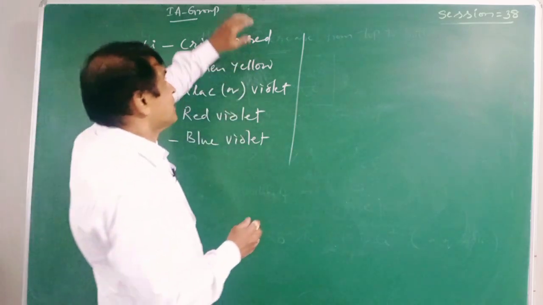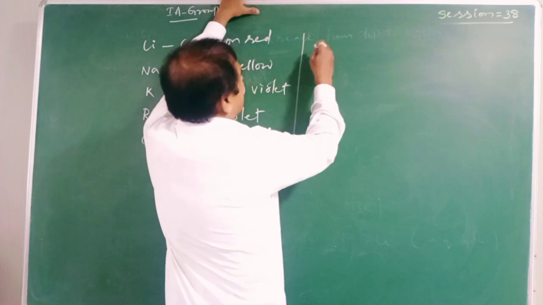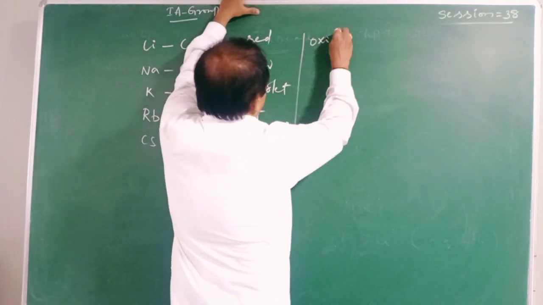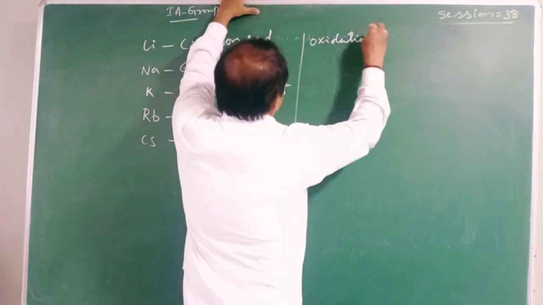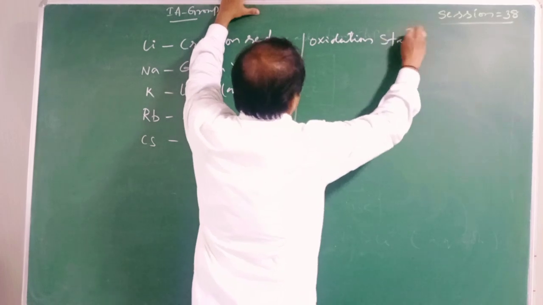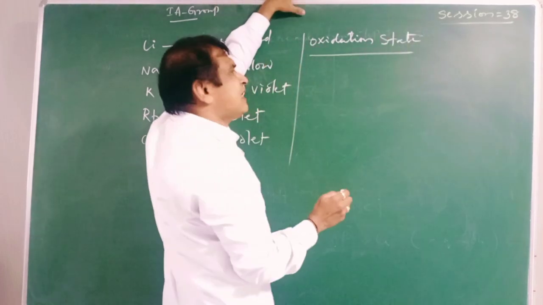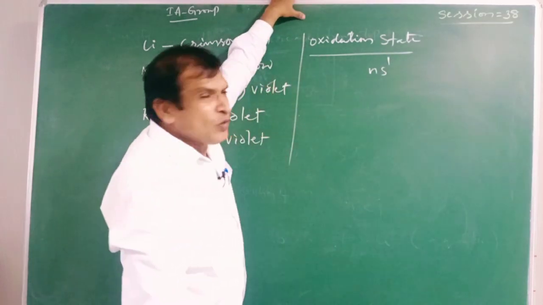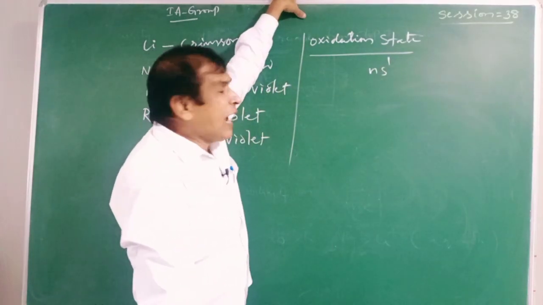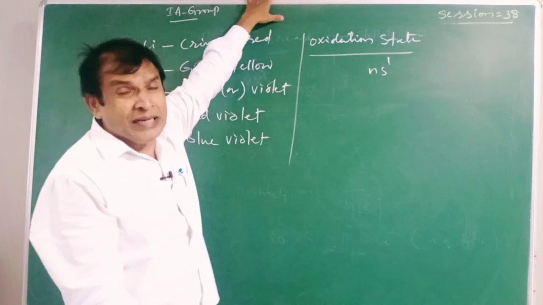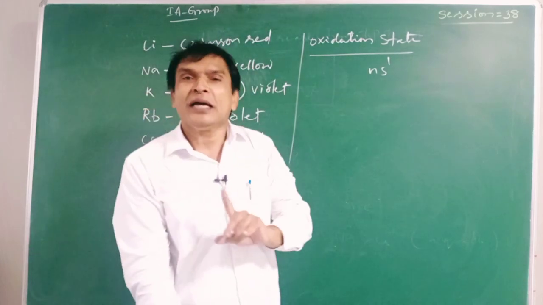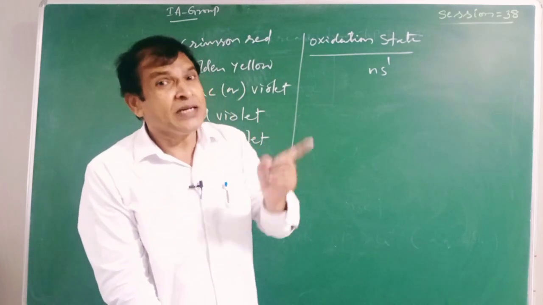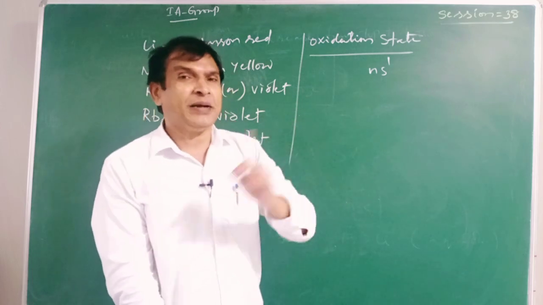Another point: what is the oxidation state of alkali metals? Alkali metals possess only one electron in the valency shell, and by nature they are all highly reactive electropositive metals.